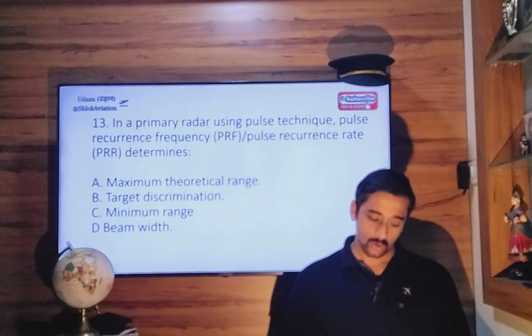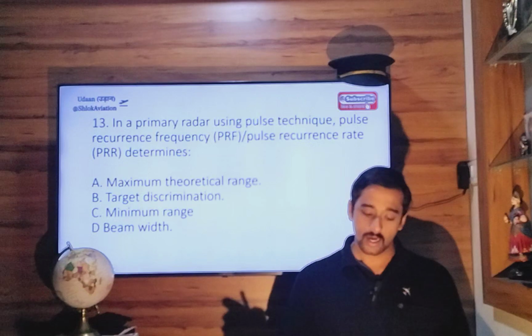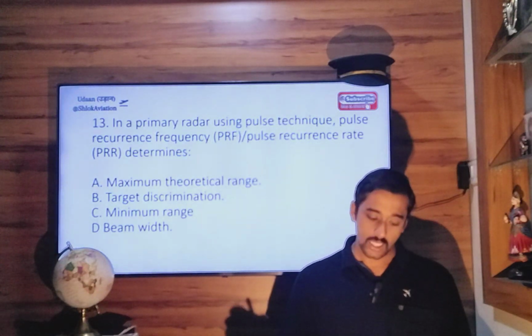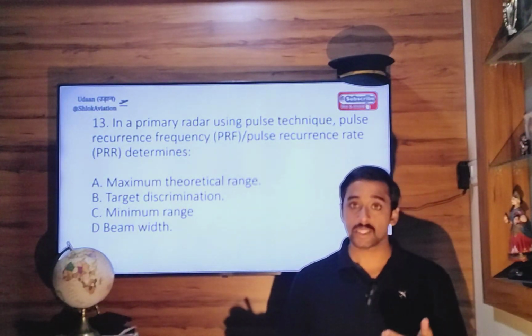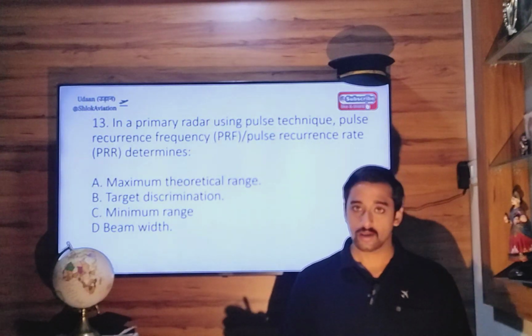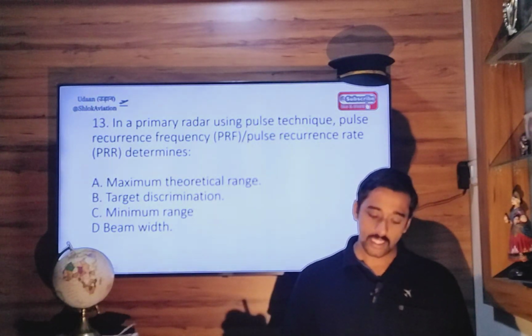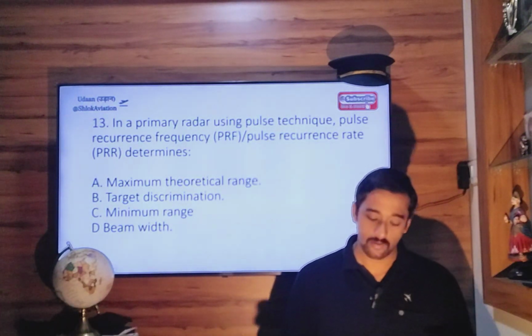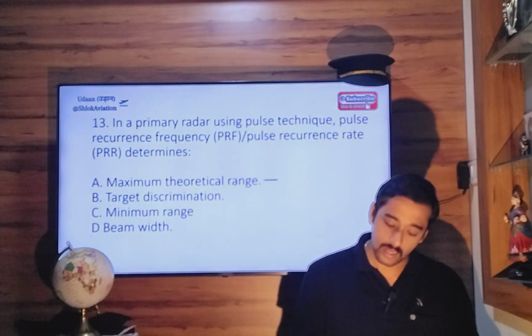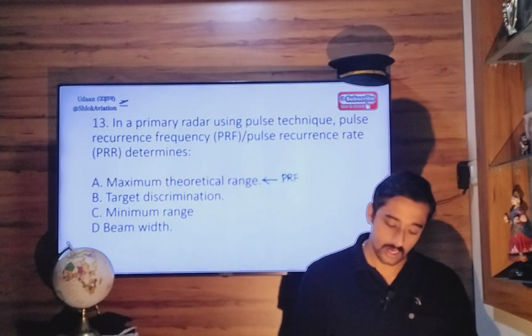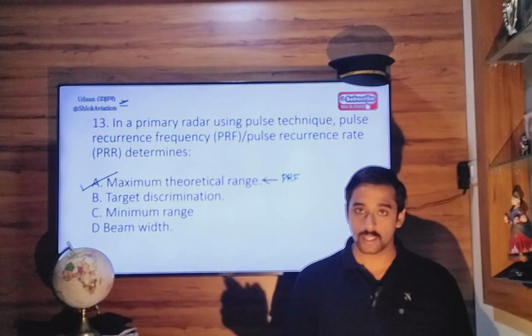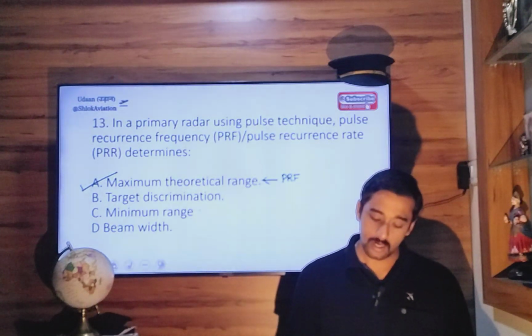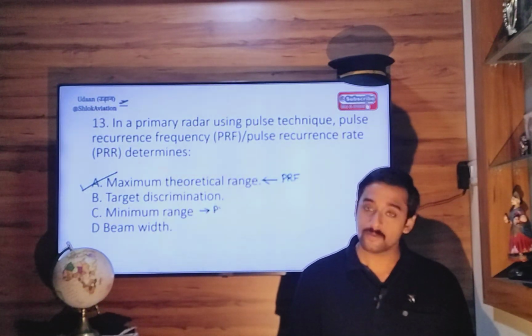Next, question 13. In a primary radar using pulse technique, pulse recurrence frequency or pulse recurrence rate determines what? Similar, same question. So pulse recurrence frequency or pulse recurrence rate will determine your maximum range. Option A is the correct option. Minimum range is determined by your pulse width.